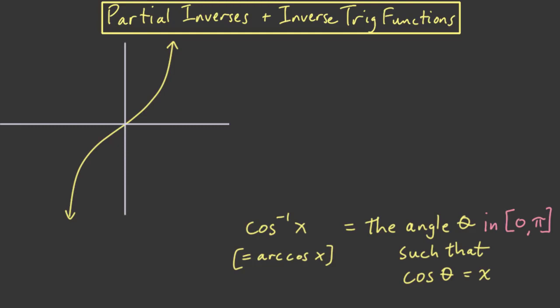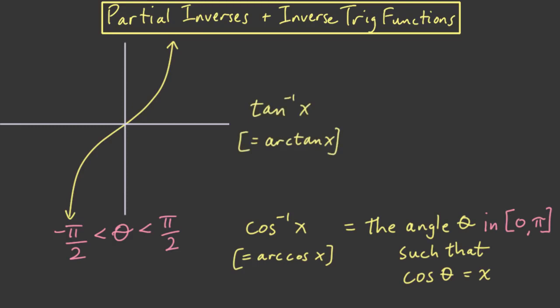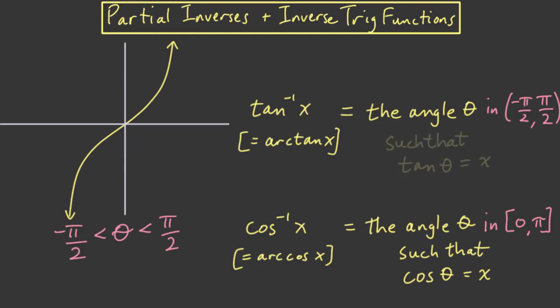So this restricted domain is theta, our angle, between minus pi over 2 and pi over 2. This is a strict inequality here, since the tangent function is undefined at plus or minus pi over 2. And so tangent inverse of x, or arctan of x, that'll be the angle theta in the interval from minus pi over 2 to pi over 2, and here it's an open interval because we don't need the endpoints, such that tangent theta equals x.